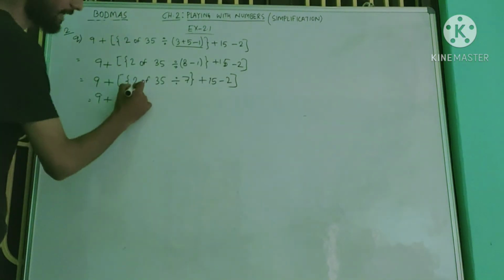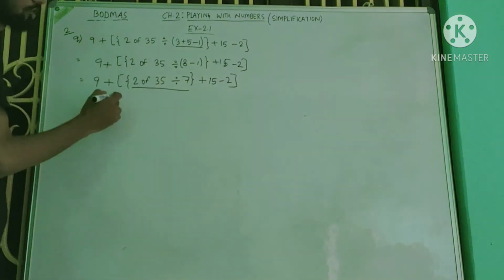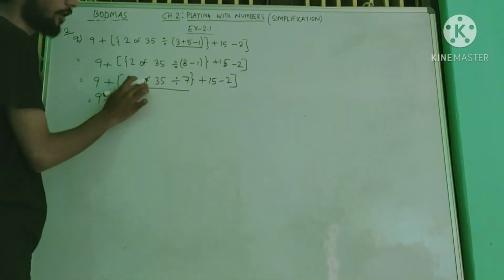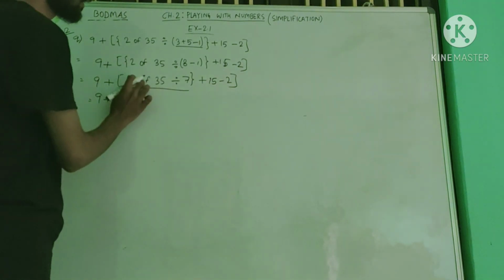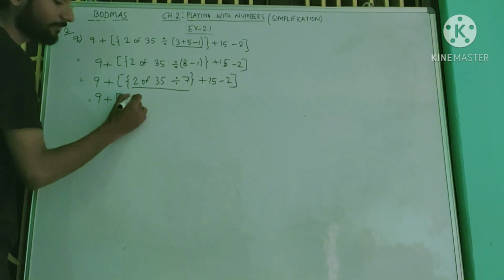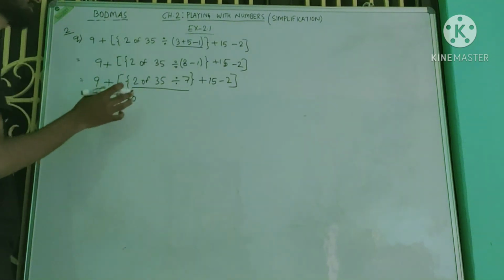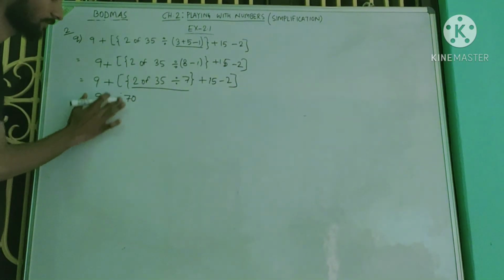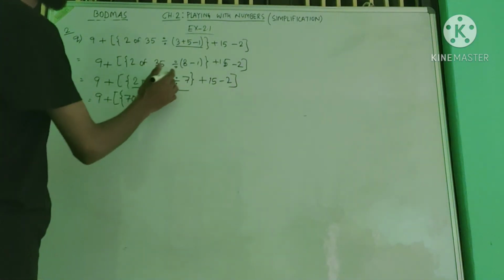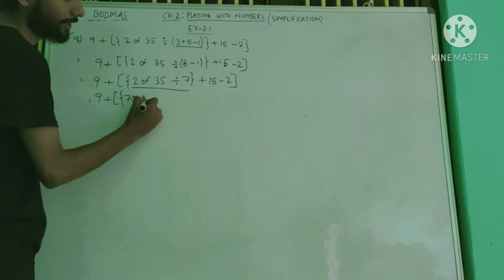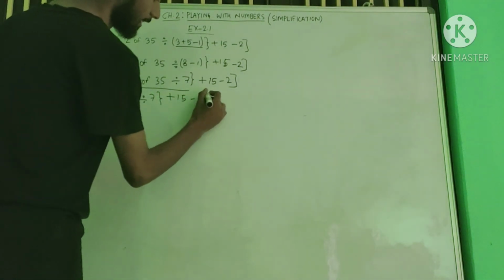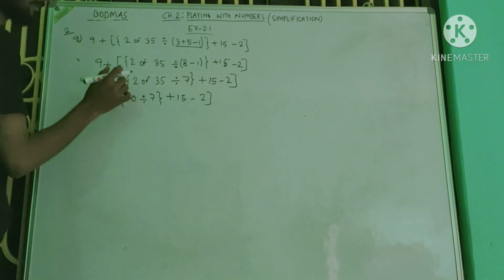So 9 plus, we have to do the second bracket. This much is the second bracket. So 9 plus, first look here, of is there and divide is there. So first we have to do for of. Now 2 into 35 is 70. Then divide by 7, and all the portion will remain the same.